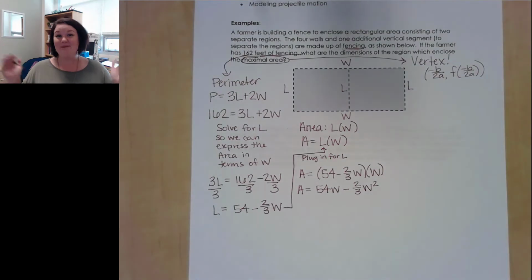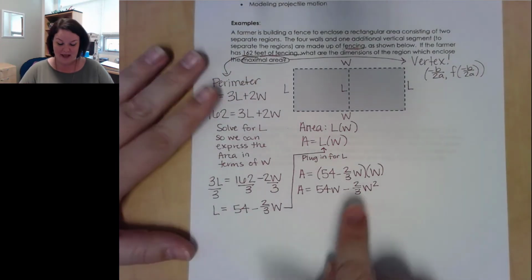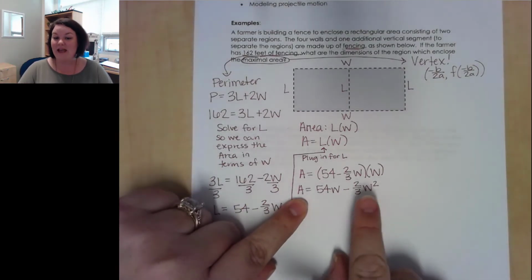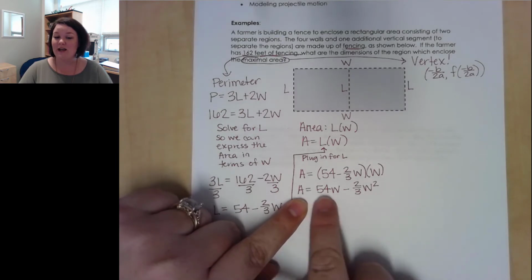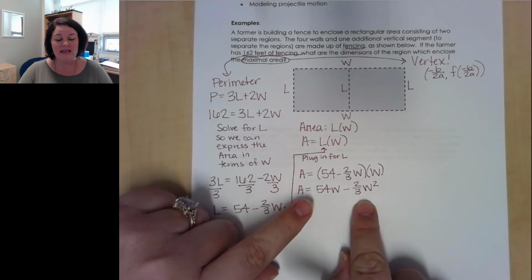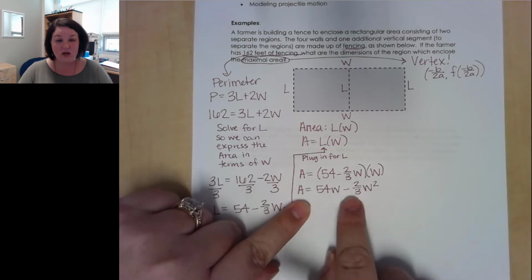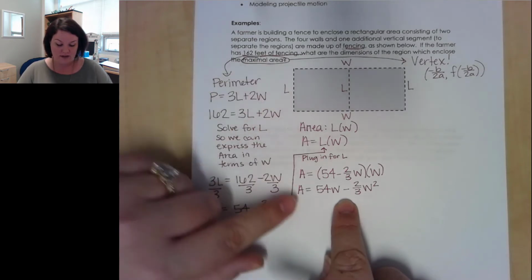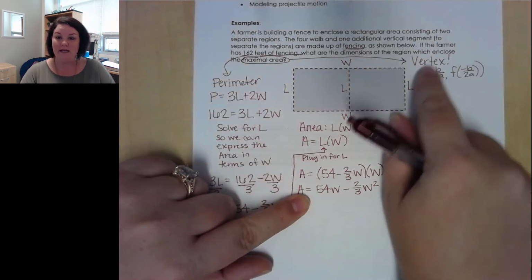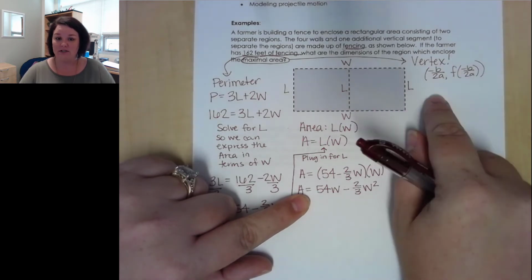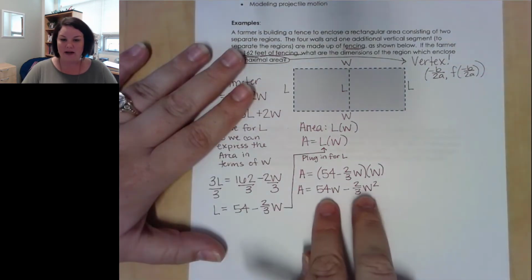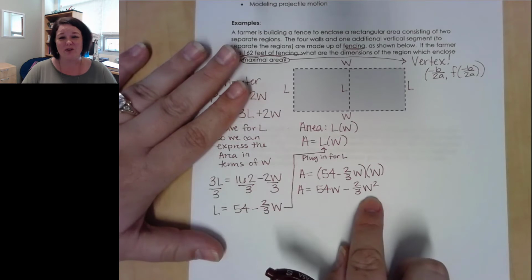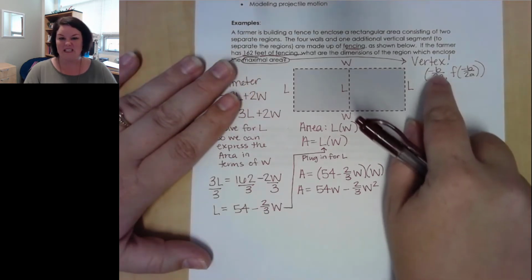So yay, we have a squared term. So now that we have an area and we have a squared term, we know this is a quadratic equation or quadratic function representing the area if we're given a width, right? And we're looking for the maximal area. So that's exactly how we can now use and calculate our vertex. So I'm going to rewrite this in the right order so that my W squared comes first so that we don't mix up our A's and B's.